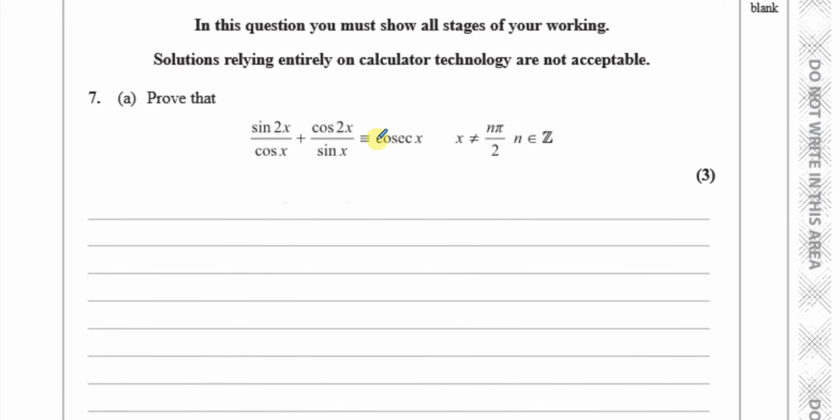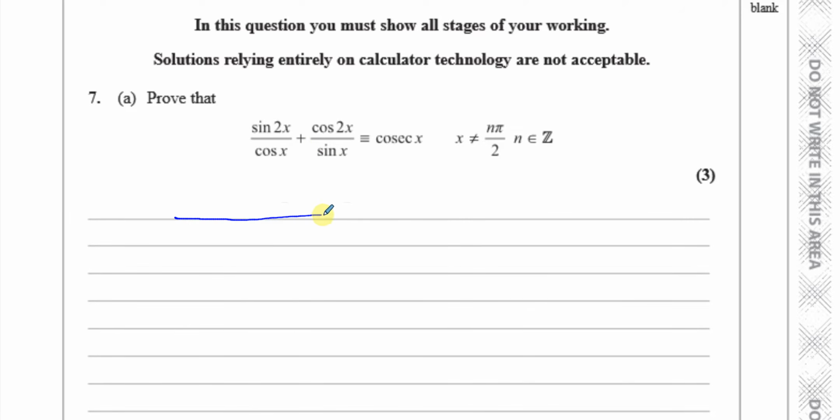The other thing is that cosec x is 1 over sine x. So first of all, I'm going to write this as one fraction.